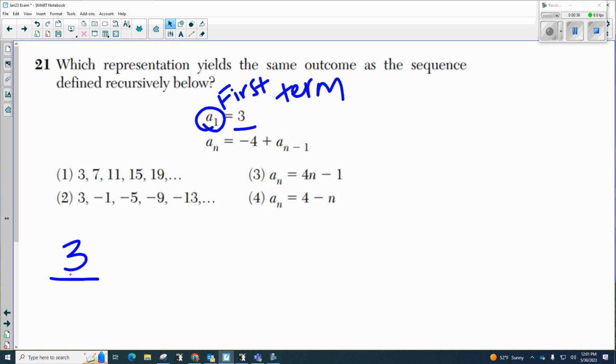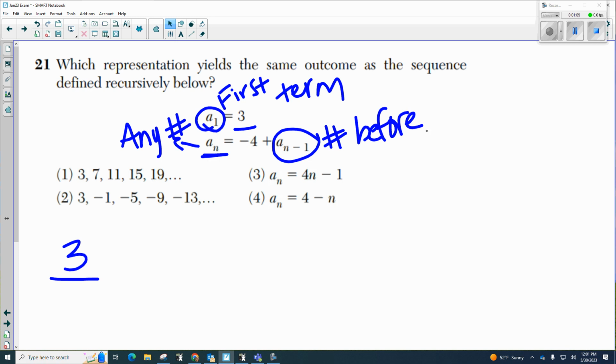All right, and then the next part of this formula tells you how to get a sub n, which basically means any number. To get any number, you're going to do -4 plus a sub n minus 1. So to get any number, you add -4 to the term before.